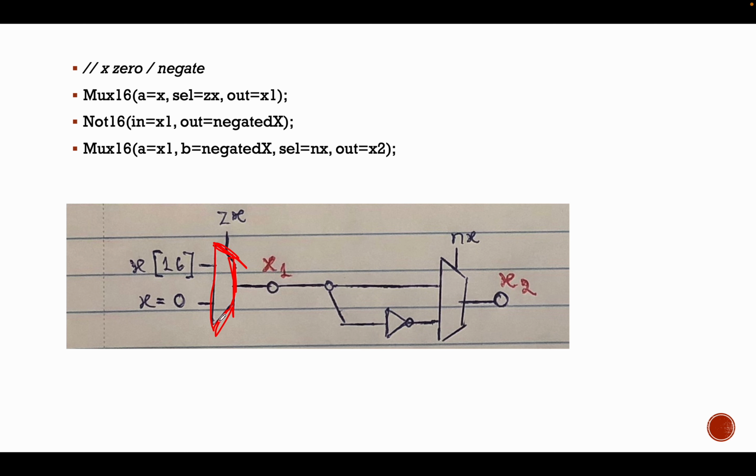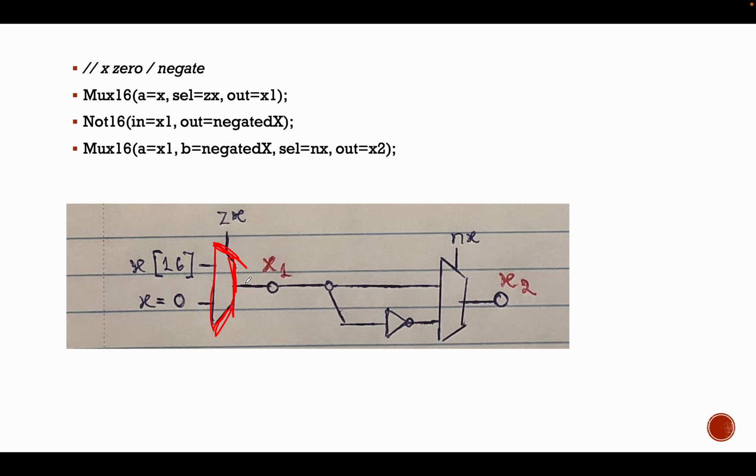Remember, we've got the 16-bit input here. We've got x equals 0, basically saying that if ZX is true, then we set X to 0. So we put 0 here.